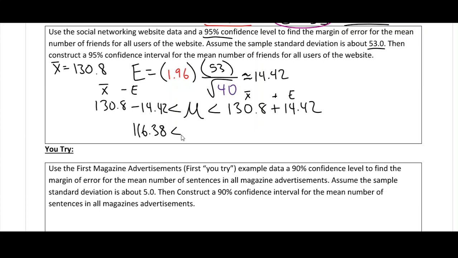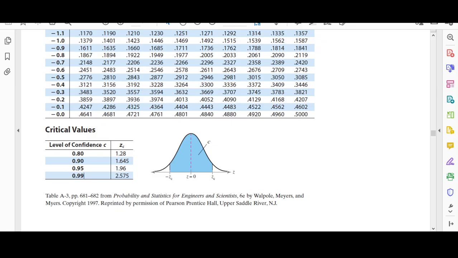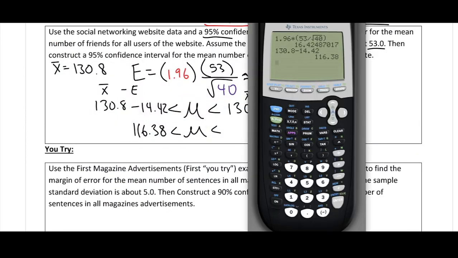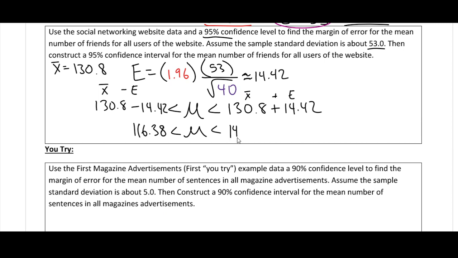That's what my mu should be greater than, and my mu should be less than 130.8 plus 14.42, which will give me 145.22. And that's it. That's what your mean needs to be between. And that's how you calculate your confidence interval.